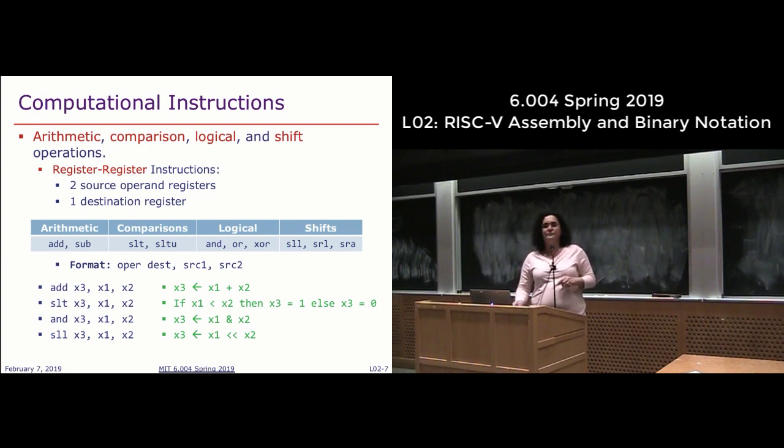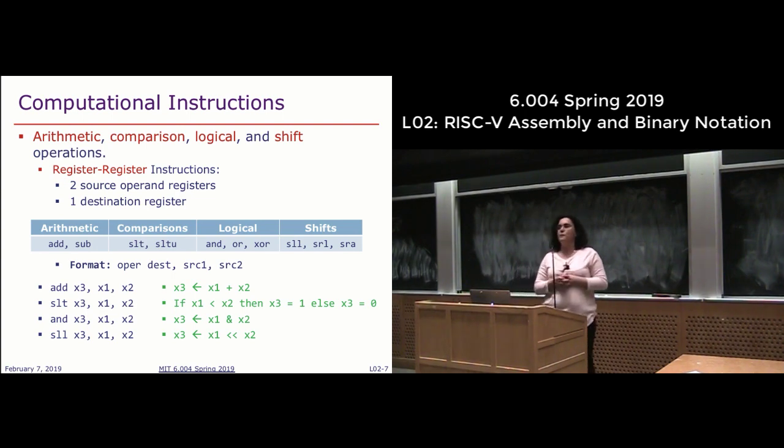All right, so what's the format of our instructions? The format of the RISC-V instructions is always the operation, well, I should say 95% of the time. It's the operation, then the destination register, and then your source operands. Okay, so it looks like operation, destination register, source operand 1, source operand 2.